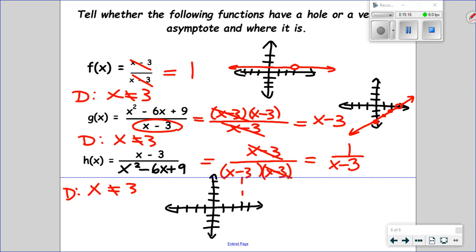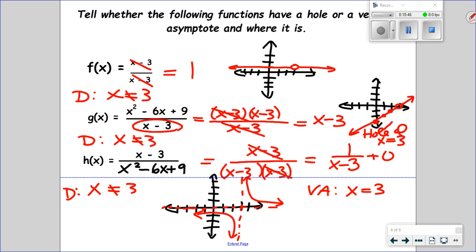So it would have a vertical asymptote at 3, a horizontal asymptote at 0, because your k is 0, and it would look like the parent function. So this graph actually has a vertical asymptote at 3, where this graph had a hole at x equals 3, and this graph also had a hole at x equals 3.